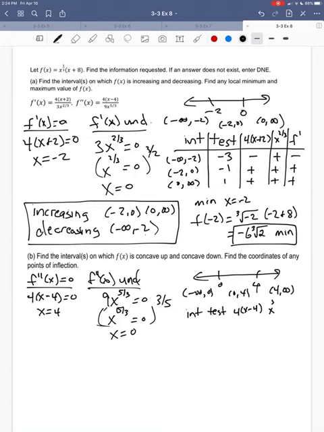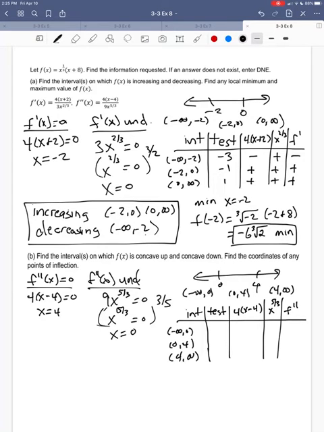I don't really have to worry about the 9. And then I'm going to divide them to get f double prime. So I've got from negative infinity to 0, from 0 to 4, from 4 to infinity. So my test numbers may be negative 1, positive 2, positive 5.